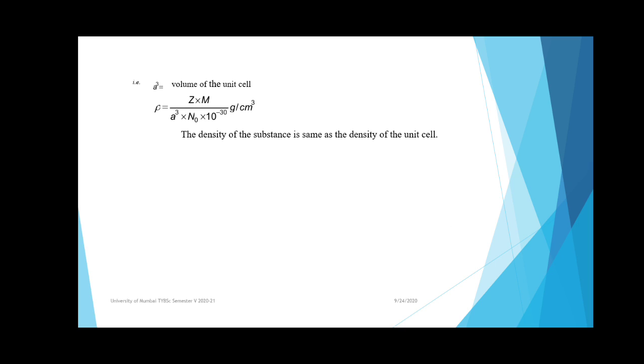If the density of a particular unit cell is the same, then you will get the same value for every kind of unit cell. Okay. So on the basis of this formula, we will see some important numericals.